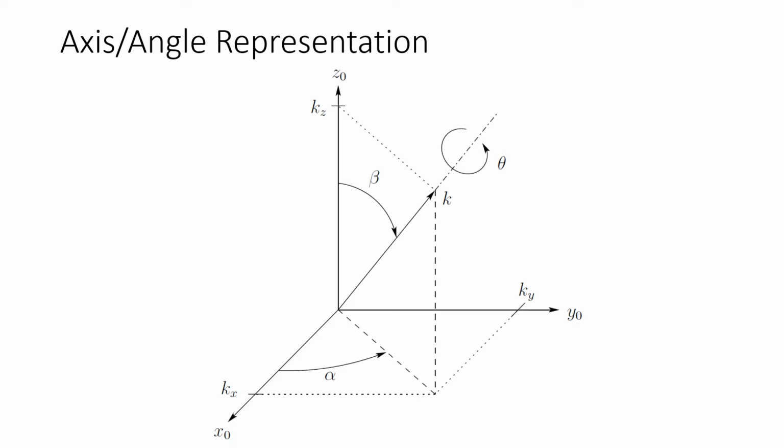We call this arrangement axis angle representation. And in that, there is a unit vector k about which the rotation is happening. You can see this vector right over here. And the rotation about this axis is theta rotation that you can also observe.